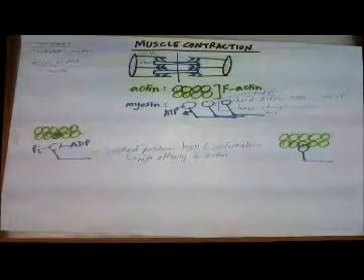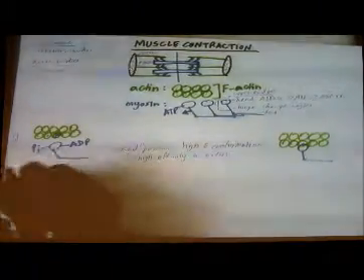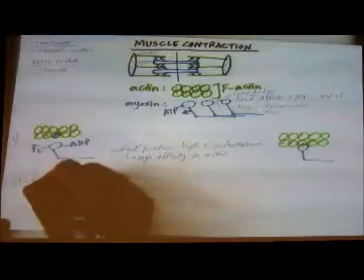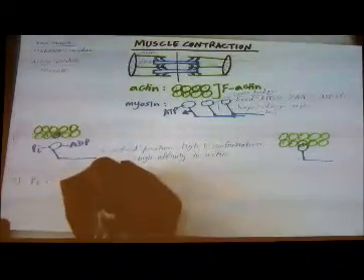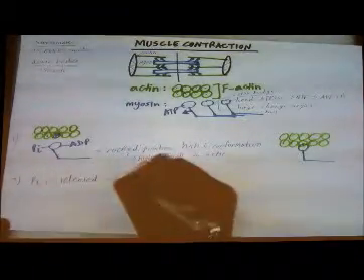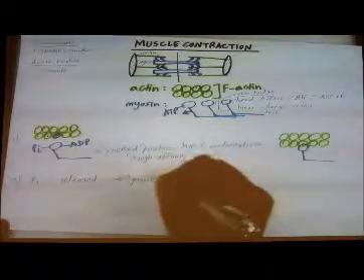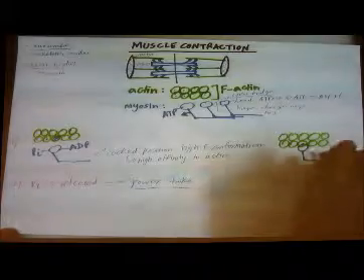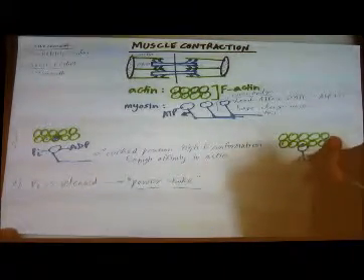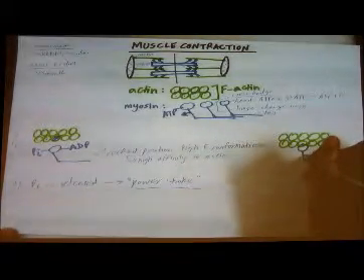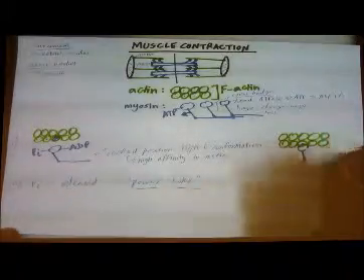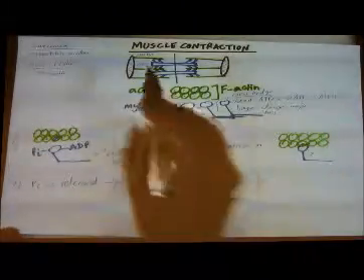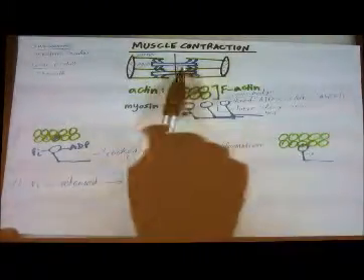The next step is this inorganic phosphate is released. And when this occurs, we get what's called a power stroke. What this basically means is that this angle of the hinge changes where it pulls the actin closer to the center of the contractile unit.